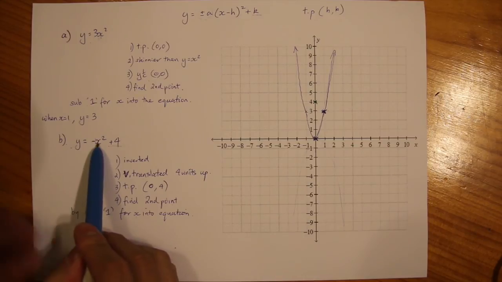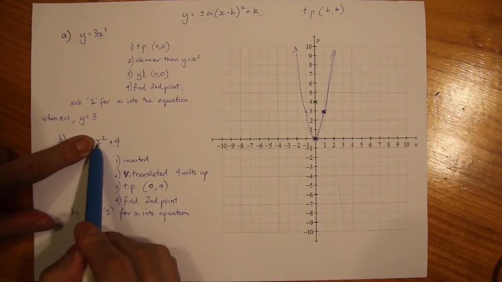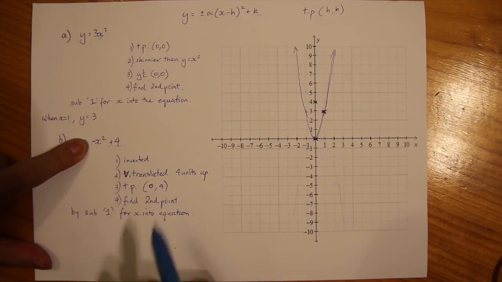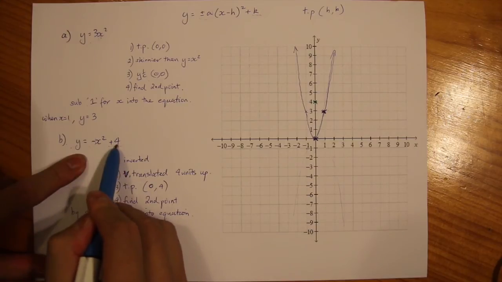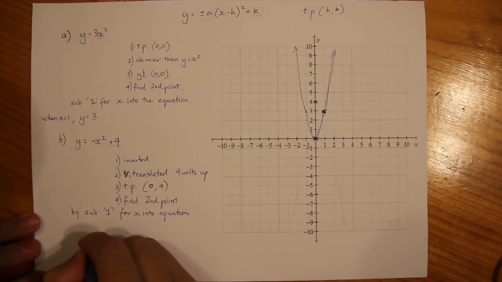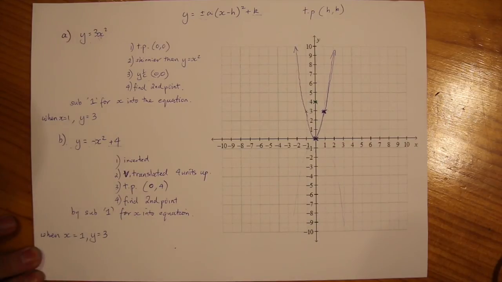So negative 1 plus 4 is going to be 3. So y will equal 3 when x equals 1. So this is going to be our second point.